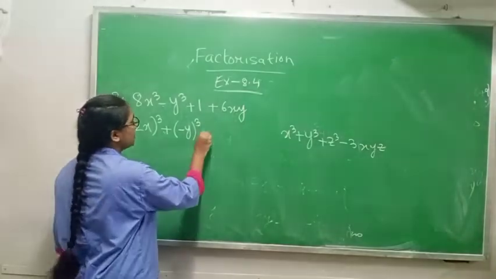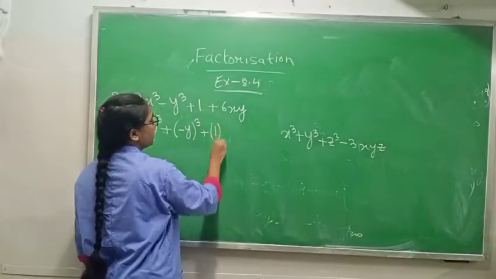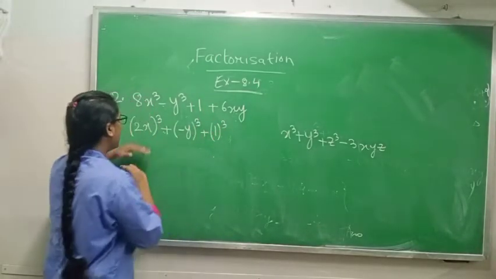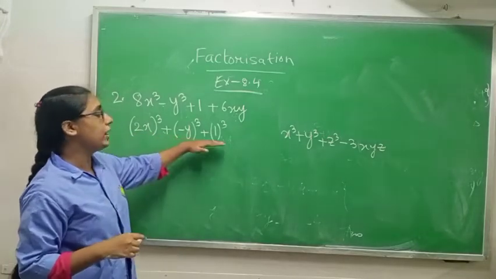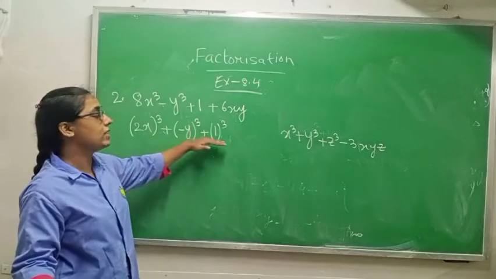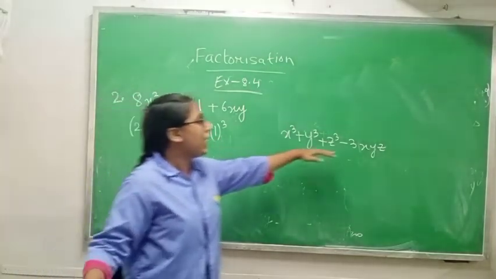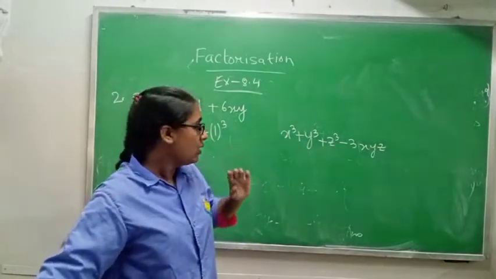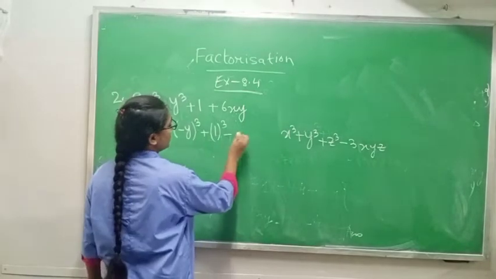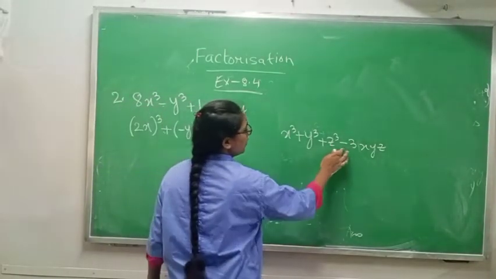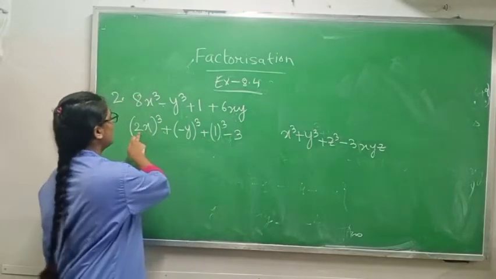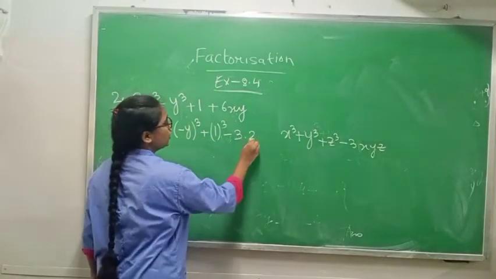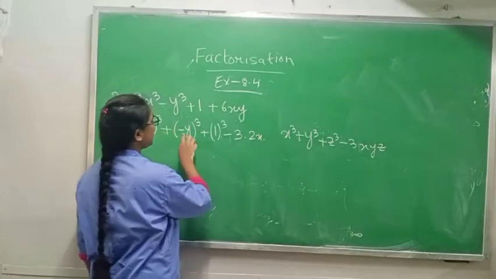Okay. Now plus 1 cube will be 1, so we can write 1 cube. So I got (2x) cube plus (minus y) cube plus 1 cube, like x cube plus y cube plus z cube. Now we need minus 3xyz. So first we will write minus, then 3 because it is in the formula, minus 3, then x is 2x, so you will write 2x, then y is minus y.